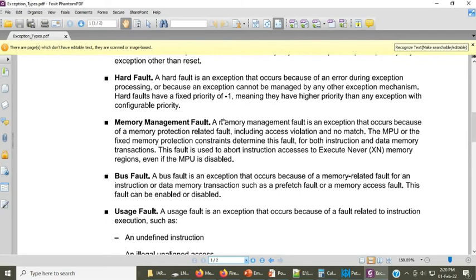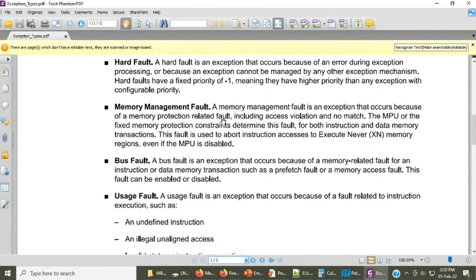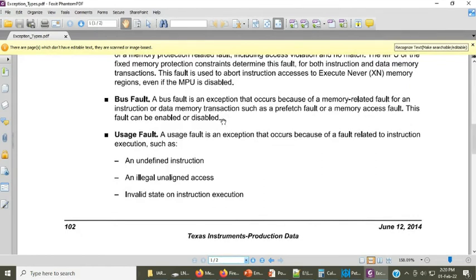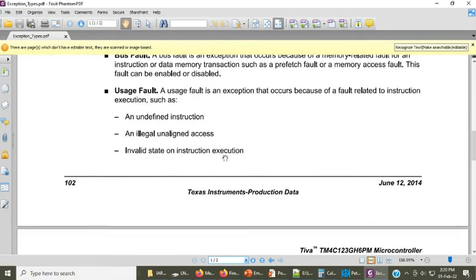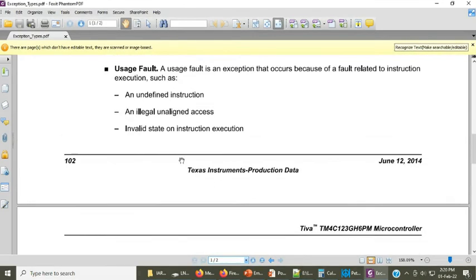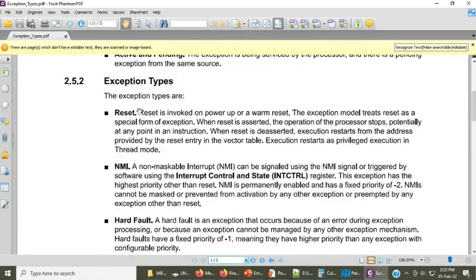Bus fault we will see when we see the internal bus architecture of the microcontroller. Similarly, usage fault: if you try to do some undefined instruction, illegal unaligned accessing, invalid state or instruction, those kinds of exceptions are called usage fault. So these are all exceptions, important parameters.